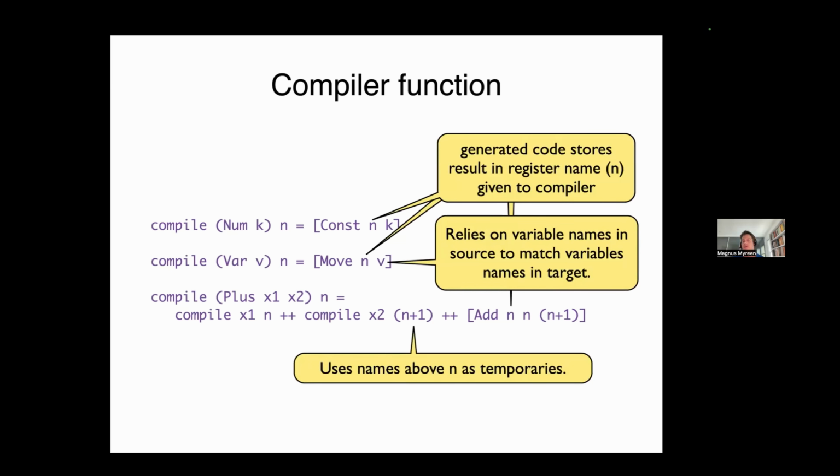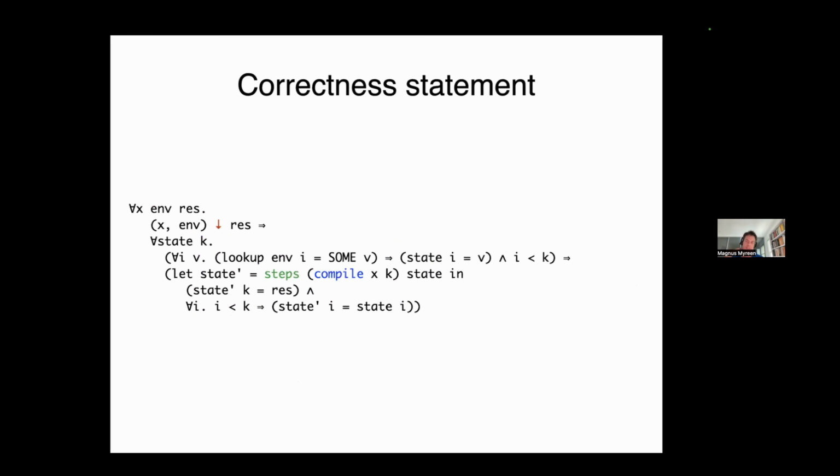There's another question or comment in the chat, which says, also compile never overrides something less than n except for variables, right? Indeed, that is correct. Compile, when you have n+1 here, leaves everything under this unchanged always. Indeed, that is something we have to prove as part of the proof. Yeah, that's very accurate. Good.